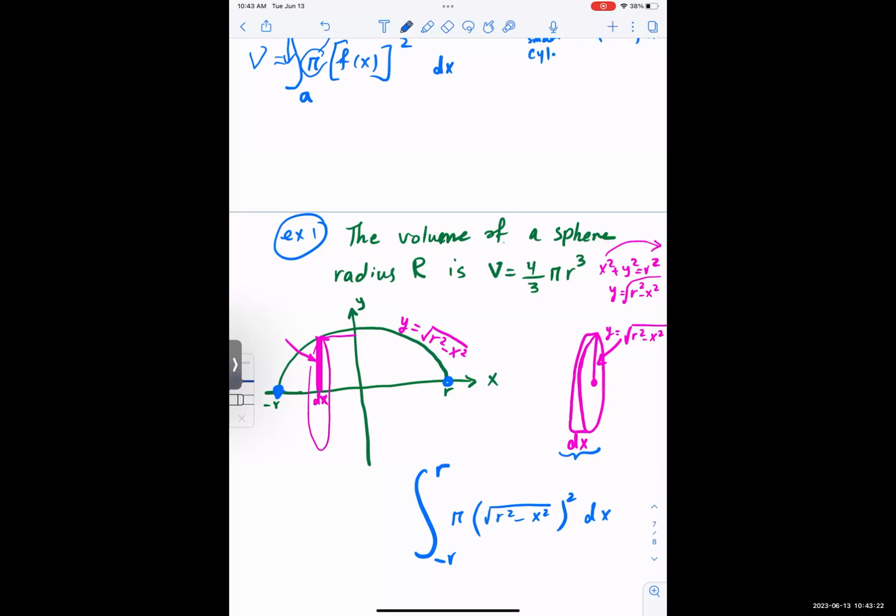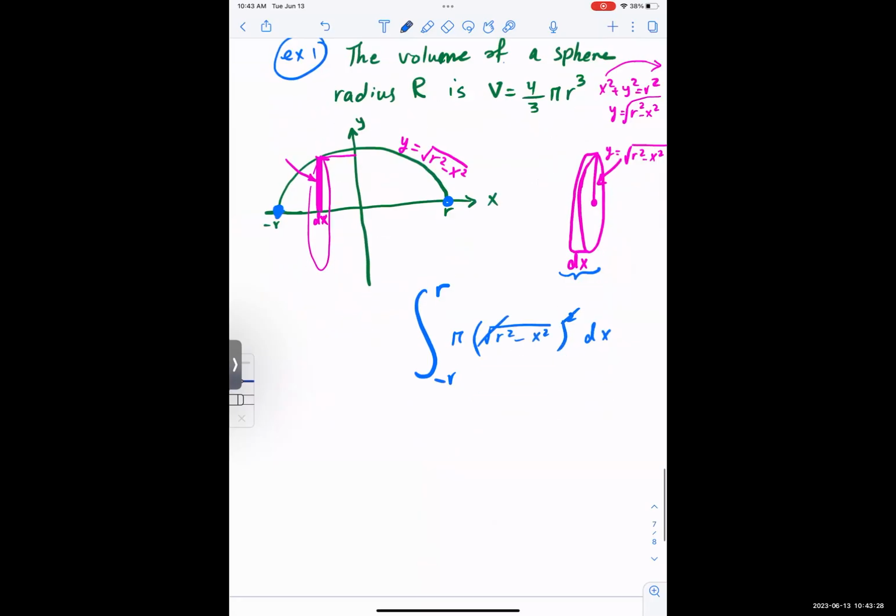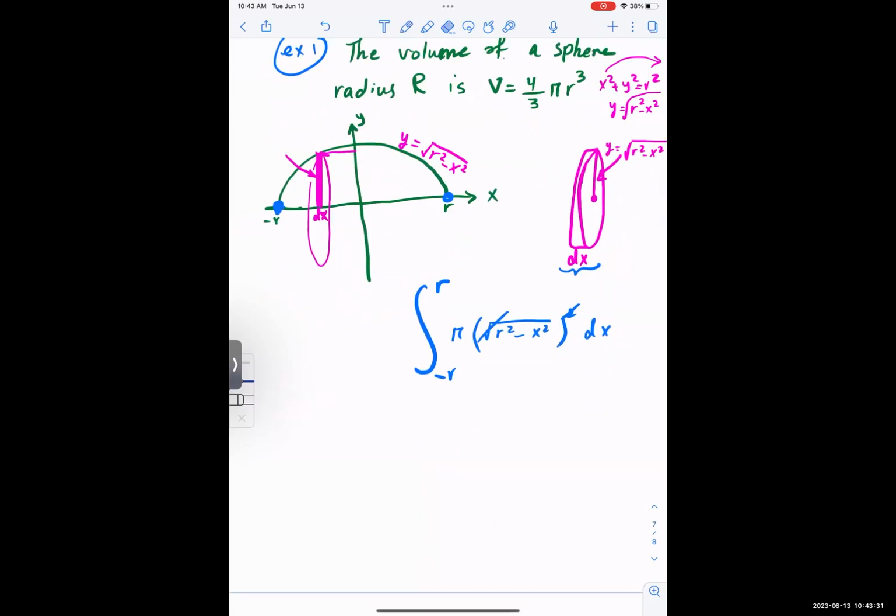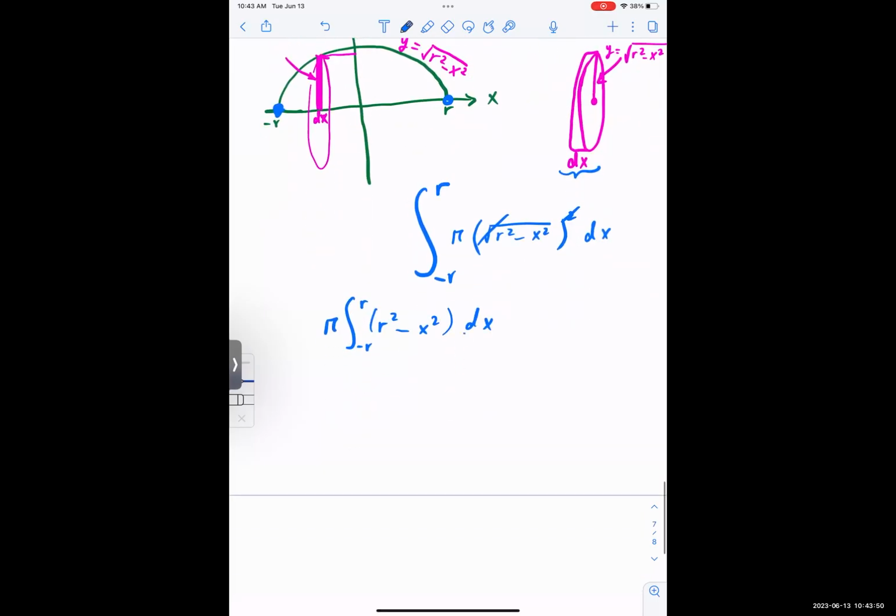So now let's calculate. So my integral is from negative r to r. I'm going to pull pi out. R squared minus x squared dx. R squared with respect to dx is a constant.